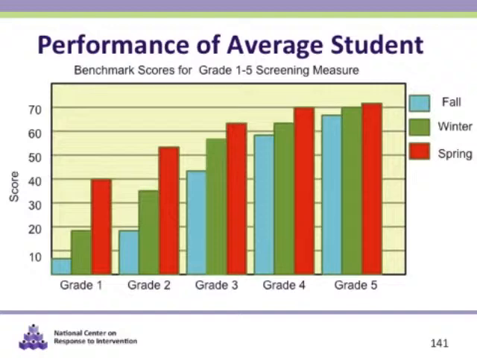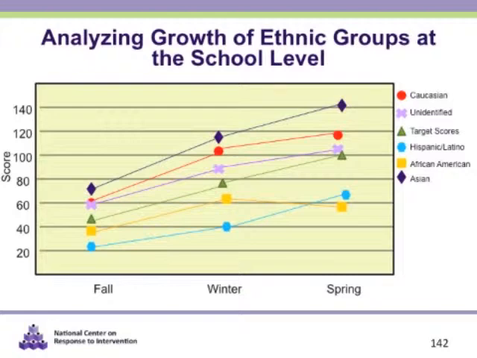But when we get to grade 5, the difference between fall, winter, spring is not that great. Now, some people might say, well, something must be wrong. Well, how much growth is expected really depends on the tool that you've selected. So make sure you understand what is the expected change from benchmark to benchmark for each of the grade levels when analyzing your data. Just like district, you can also analyze the growth by target group.